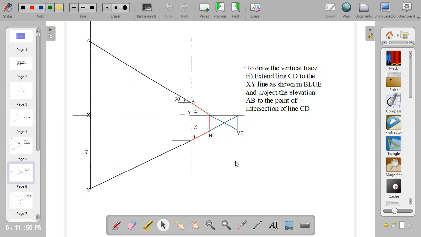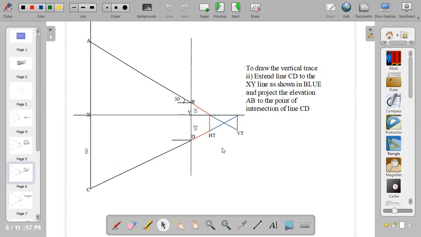Now I want to draw the vertical trace. To draw the vertical trace, come to line CD. Extend line CD to the XY line, just like I did for the HT. Once it gets to the XY line, you now project to the line on the elevation, which is line AB, to the point of intersection with line CD.